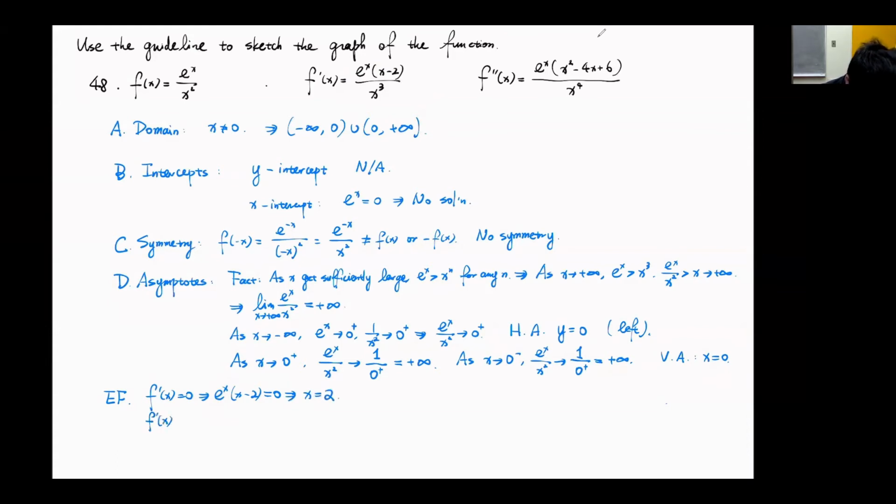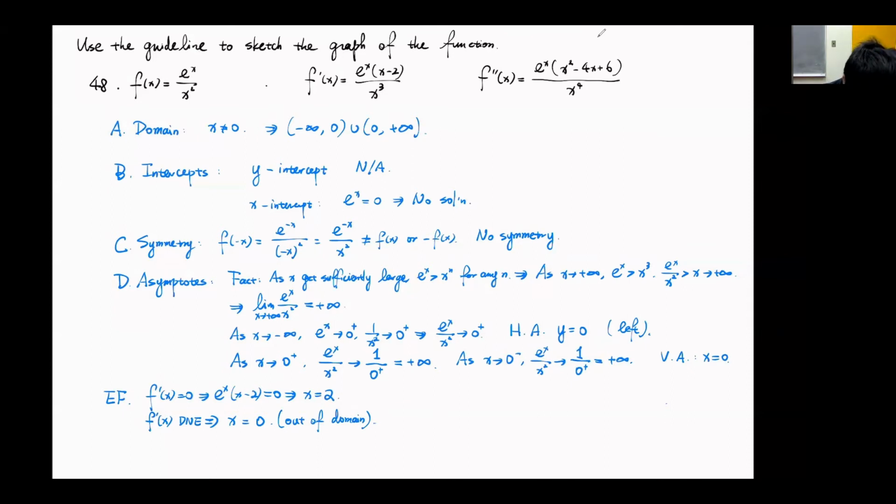And f prime of x does not exist when the denominator equals 0, but the denominator is x. So this tells me that x equals 0. All right, but x equals 0 is outside the domain, so we do not need to worry about it too much. Though we still need to keep it on the number line when we perform the analysis.